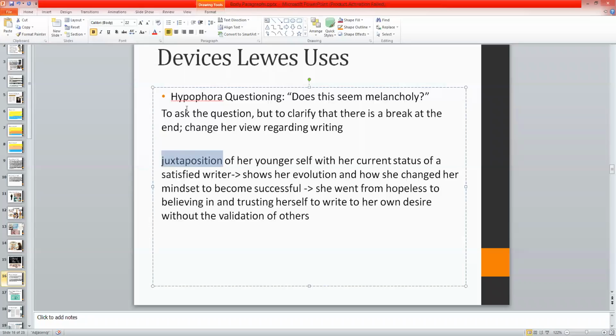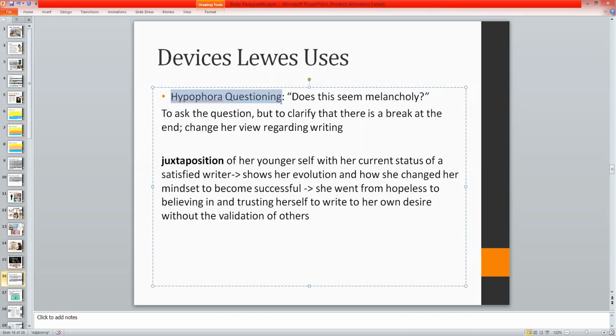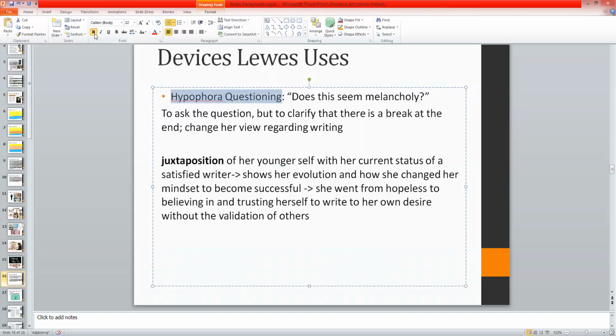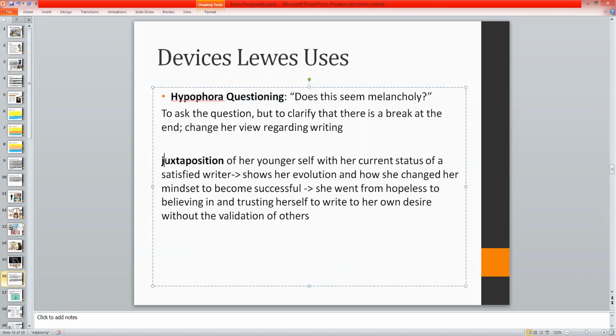Anyone else for other devices here? We're also looking for trends. We're looking for things that the author perhaps does most often.